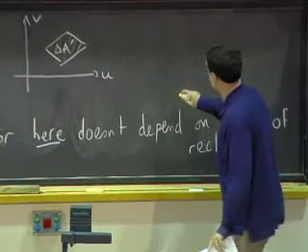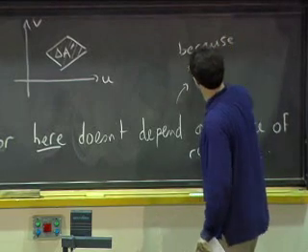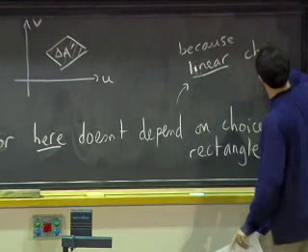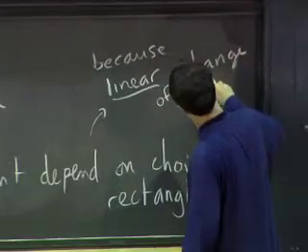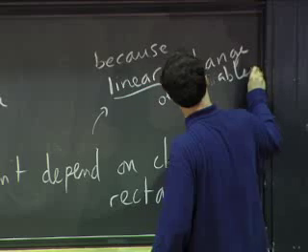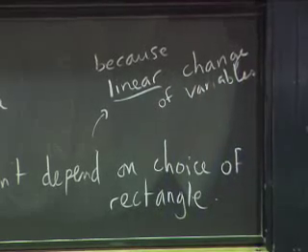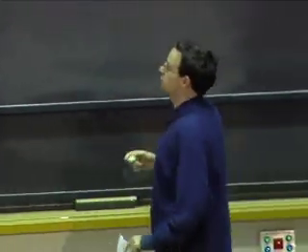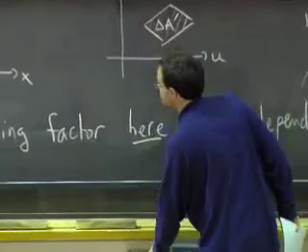And I should say that because we're actually doing a linear change of variables, somehow the exchange rate between uv and xy is going to be the same everywhere. So let's try to see what happens to the simplest rectangle I can think of, namely just the unit square.